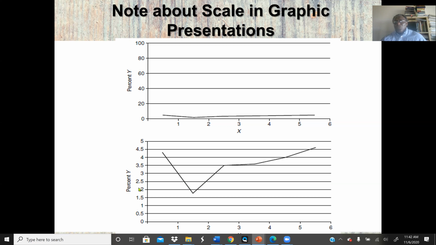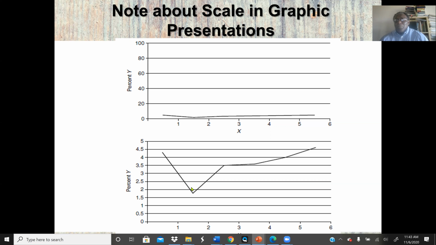So the scaling is very small, so we can see the pattern very big, where it's increasing, where it's decreasing, everything. But when the highest value is less than 5, and we start the scale from 0 to 20, it seems like we want to hide everything. So in the first one, we are hiding the pattern by increasing the Y scaling.